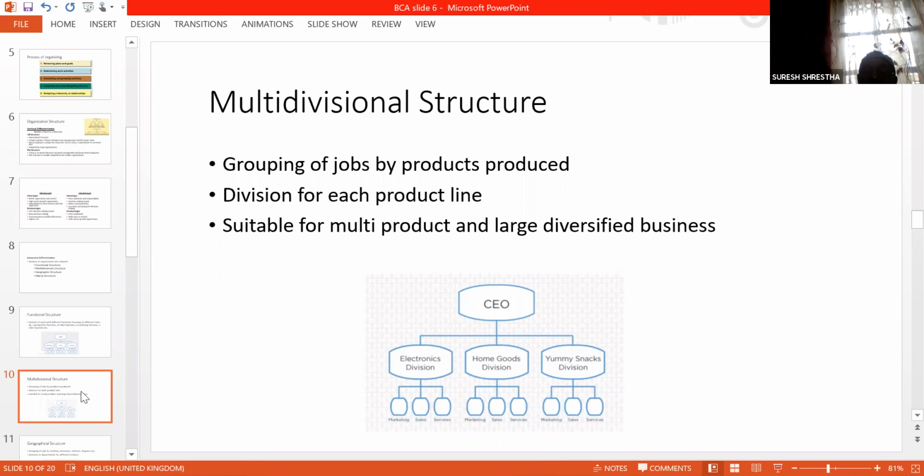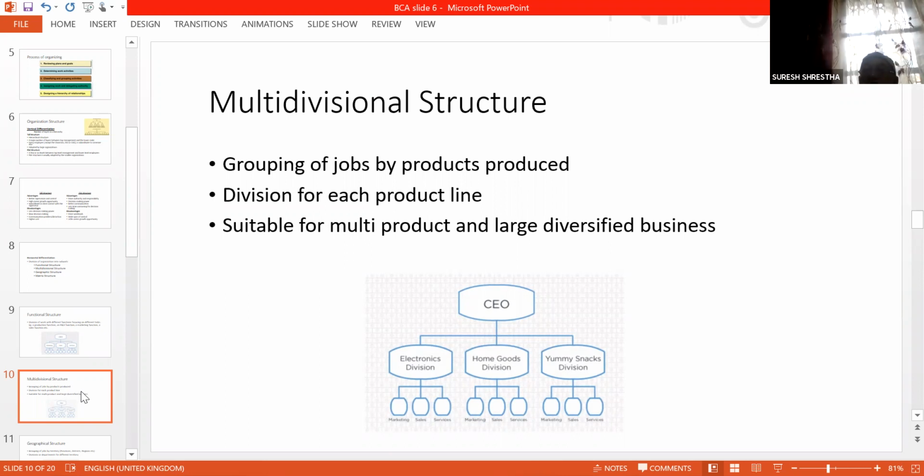For example, if you have this electronic division, if you have this home goods division and snacks division हो भने, then you first divide the organization on the basis of product first. So you have one division which deals with electronics, then you have another division which deals with home goods, then you have another division which makes snacks, for instance. So then within those division, then you have again different functions: marketing, sales, service.